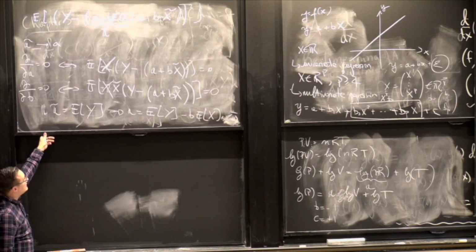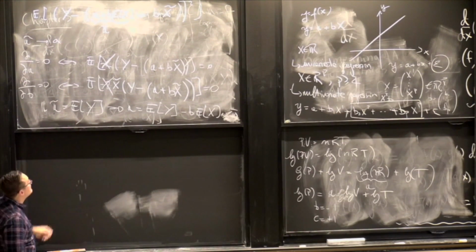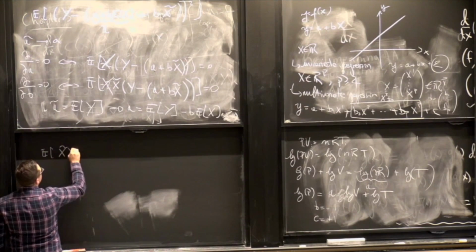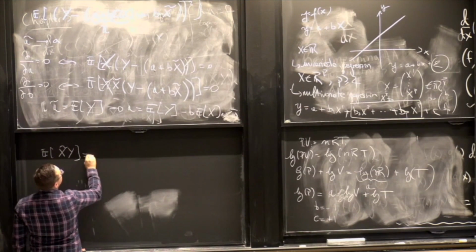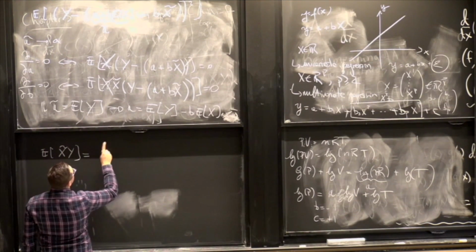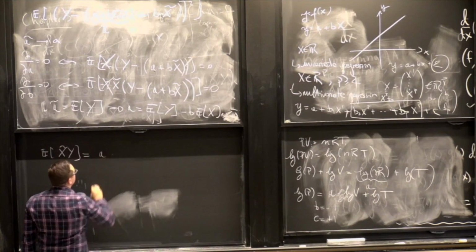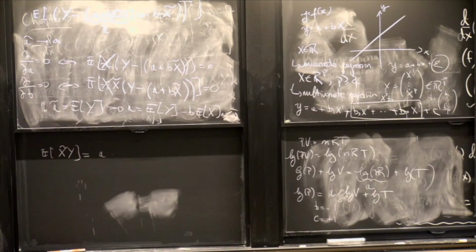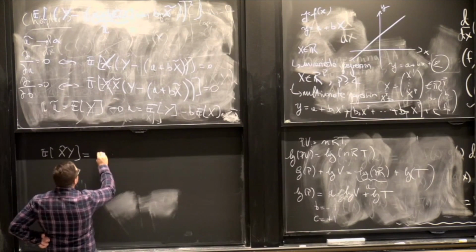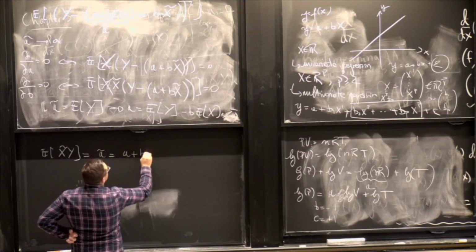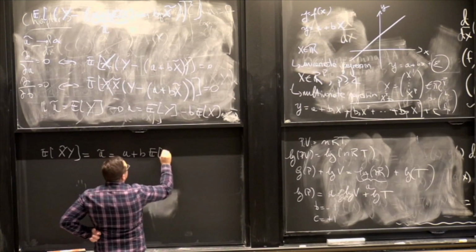So that's for my a. And then for my b, I use the second one. The second one tells me that the expectation of x tilde y is equal to a plus b times the expectation of x tilde, which is 0, right? But this a is actually a tilde in this problem, so it's actually a plus b expectation of x.